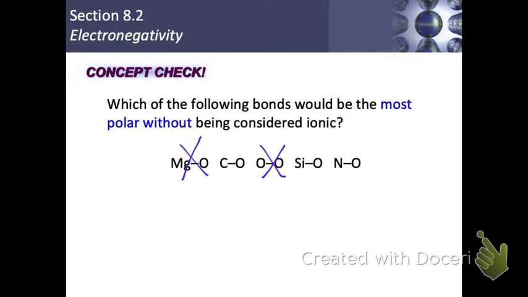We get rid of this one because we just examined that was the least polar. And now we can just do the math. 1.0 and what's that going to be? 1.7? So I think it's that guy. Okay. Easy enough, right?